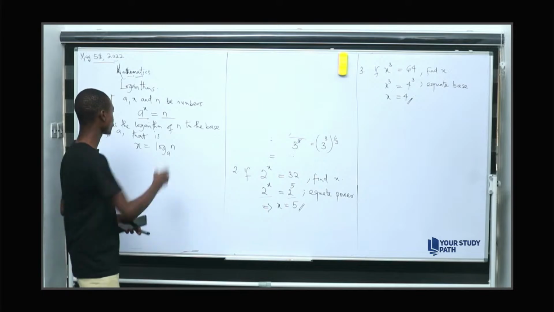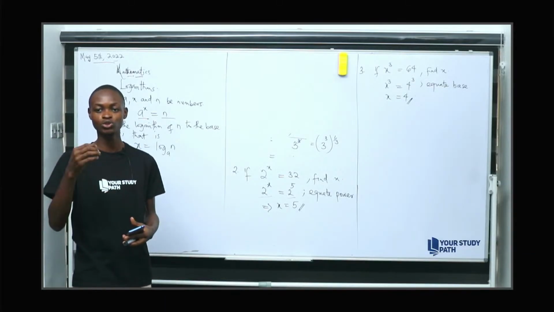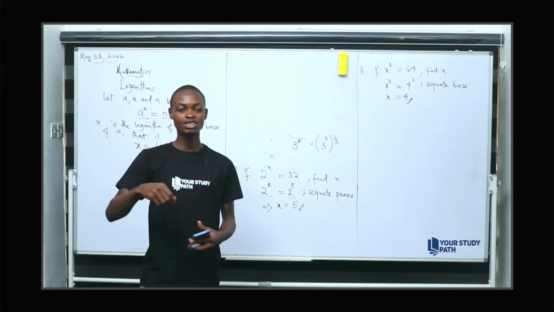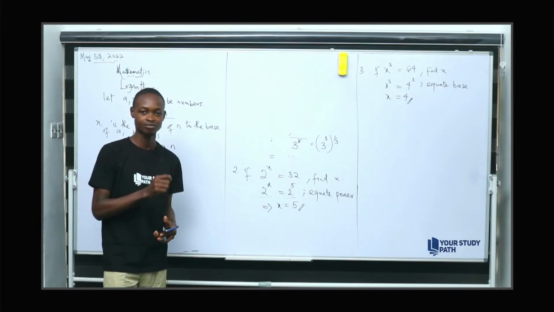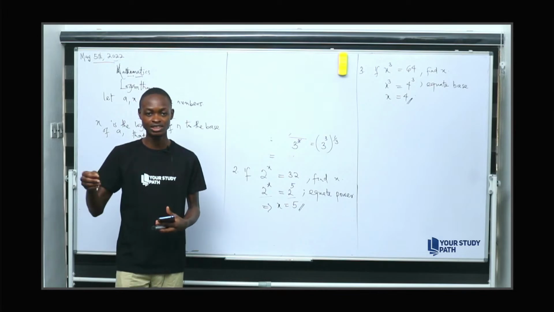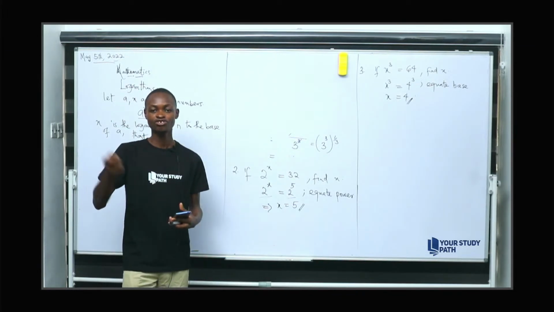This is simply the connection between the indices and the logarithm, right? So if we say 3 raised to the power 2 is equal to 9, then we are saying that 2 is a logarithm of 9 to the base of 3. That's how it works. If we say 4 raised to the power 2 is equal to 16, then we are simply saying that 2 is a logarithm of 16 to the base of 4.